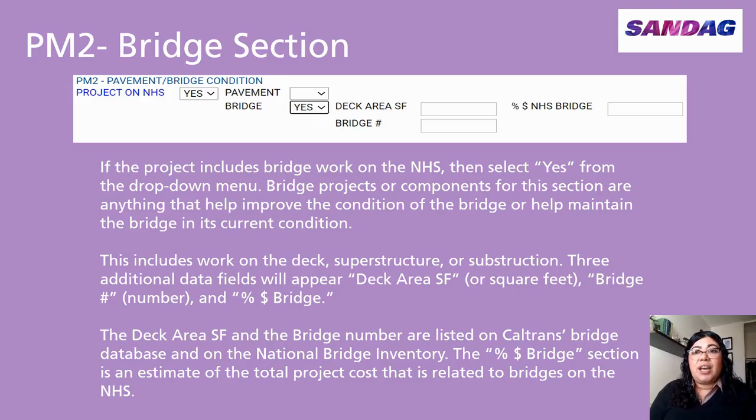Three additional data fields will appear: deck area SF, or square feet, bridge number, and % bridge. The deck area square feet and the bridge number are listed on the Caltrans Bridge Database and on the National Bridge Inventory. The % bridge section is an estimate of the total project cost that is related to bridges on the NHS.